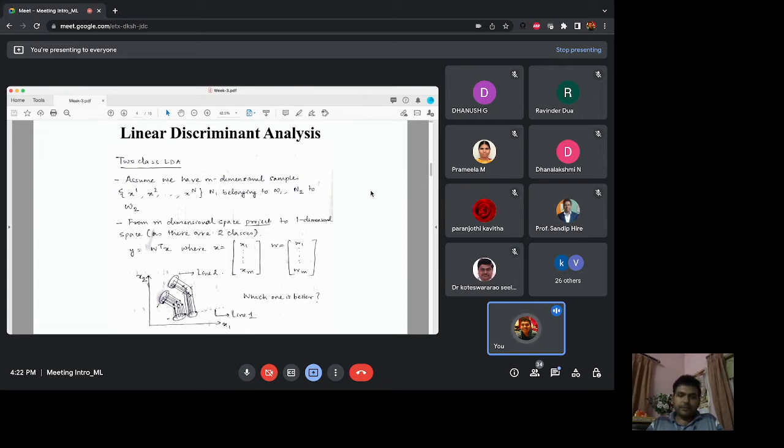Similarly, you do it for the other class, and then you take the mean of those 5 points on the projected lines. You will see that the distance between the means is much less in line 1 and much more in line 2, because in line 2 the separation itself is much more, which is why you would prefer line 2 as compared to line 1. Am I clear, or does anybody have any doubts?